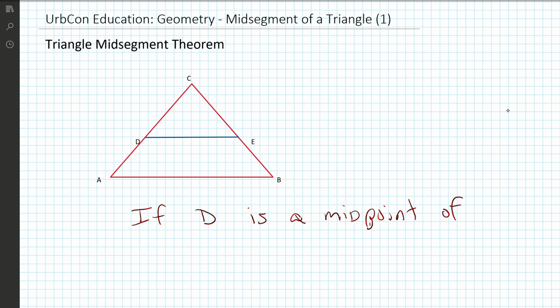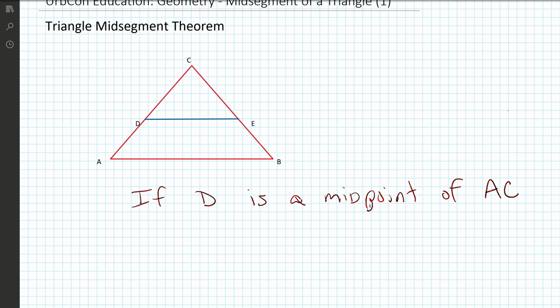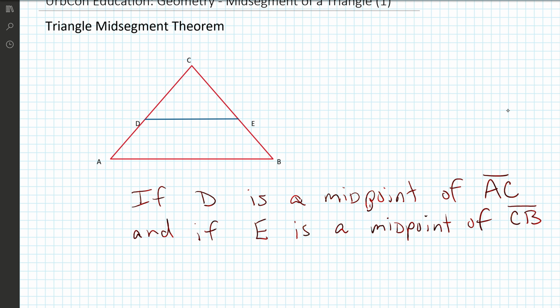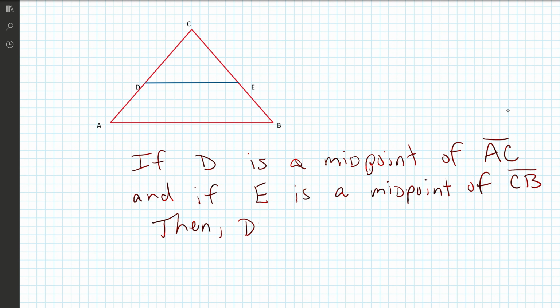Well, if it's a midpoint of that side AC, and also if E is a midpoint of what? Well, if it's a midpoint of that side CB, then that gives us some information. That tells us that segment DE is parallel to segment AB.